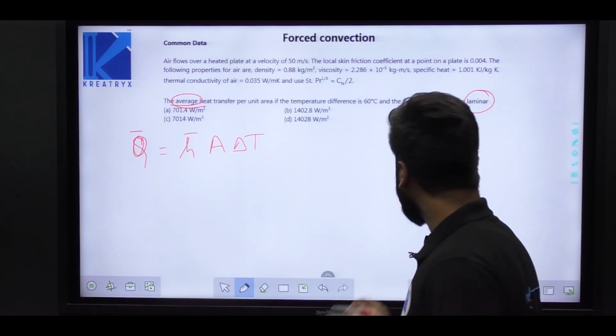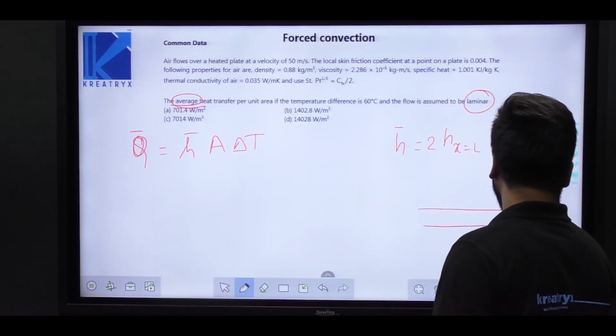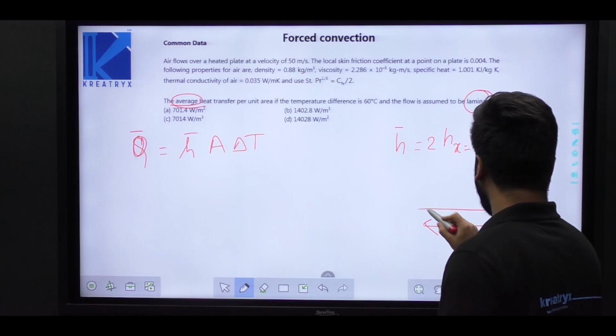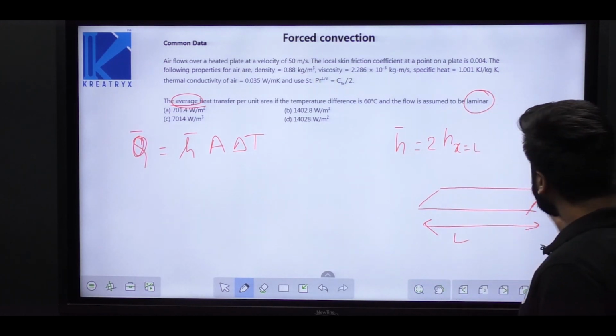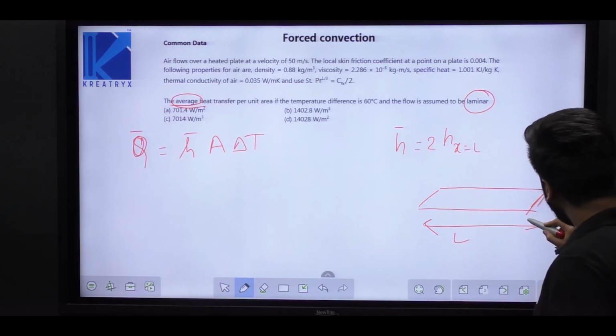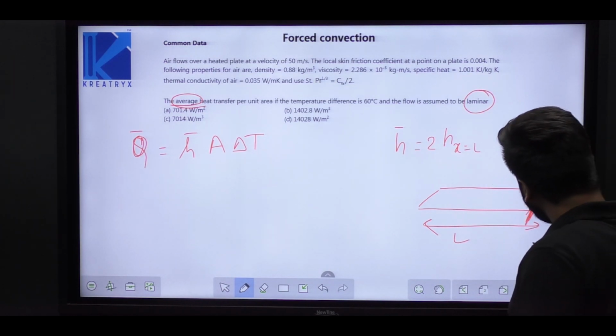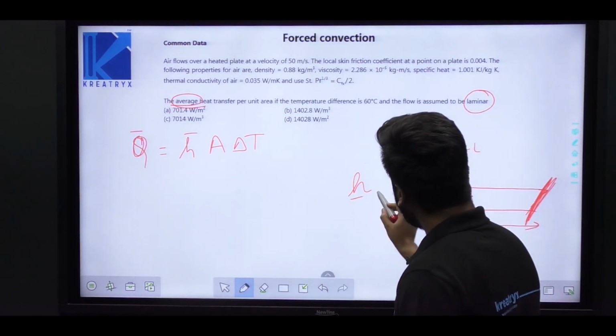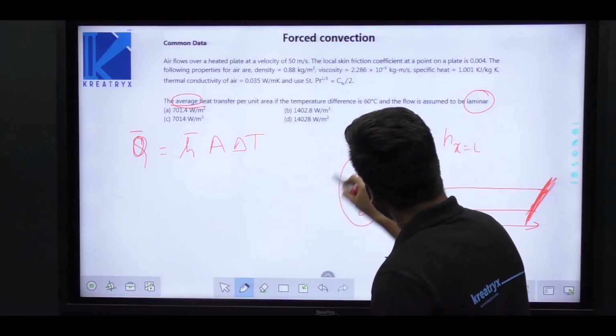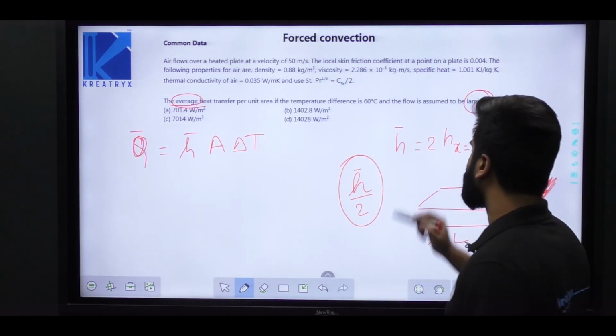is equal to L. Suppose this is a plate of length L and air or whatever fluid is flowing over it. So the value of the local heat transfer coefficient at X equal to L is half of the value of the average heat transfer coefficient.